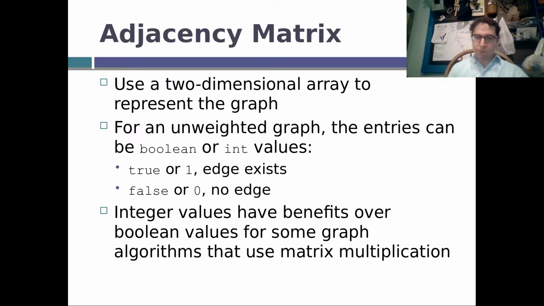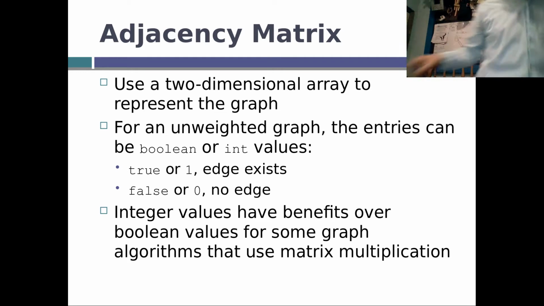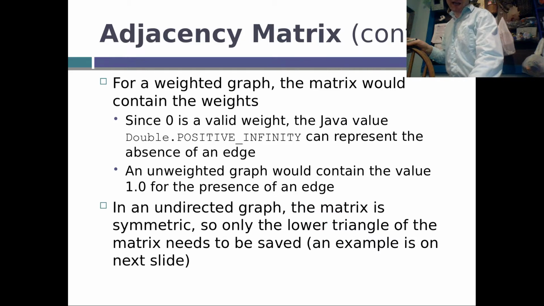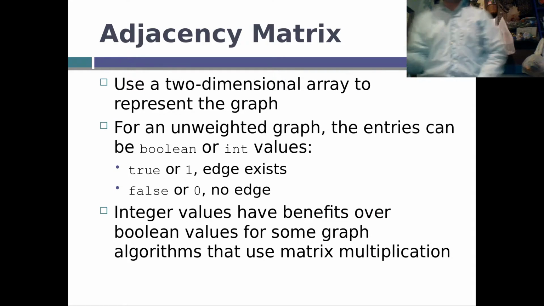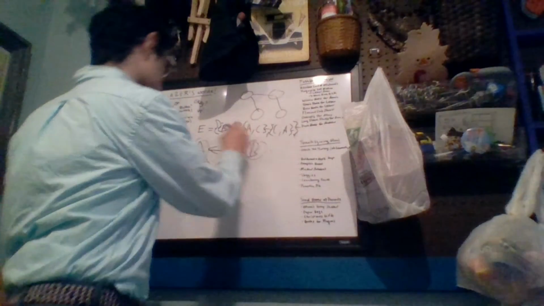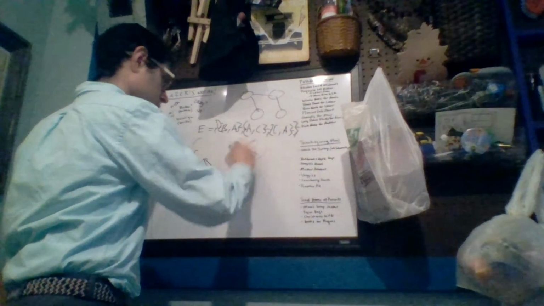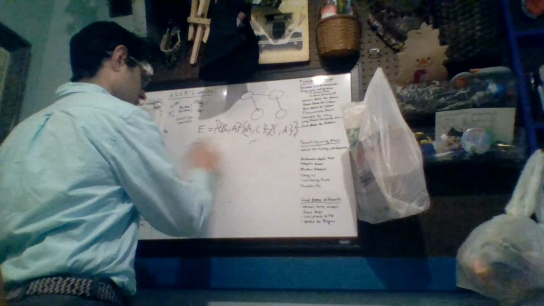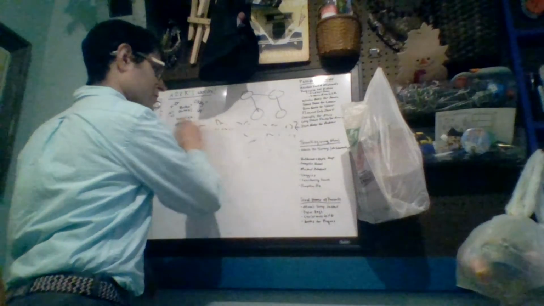We prefer to run with integers, though, because you can do matrix multiplication then, which is pretty fun. So let's go ahead and look at an example graph and example matrix.